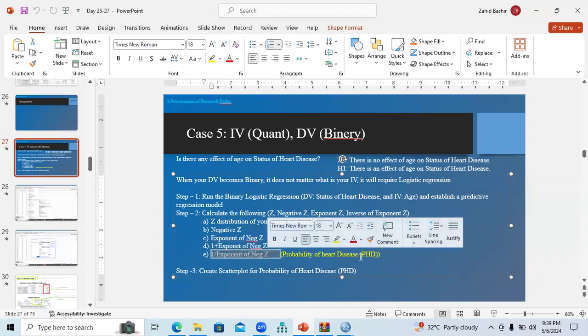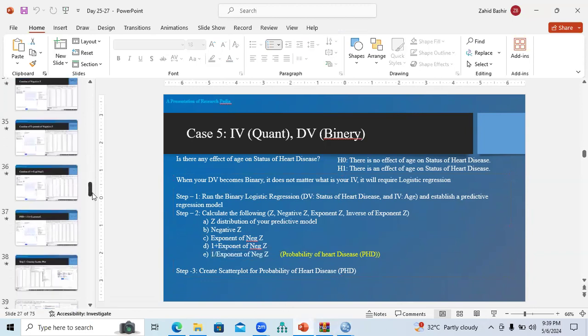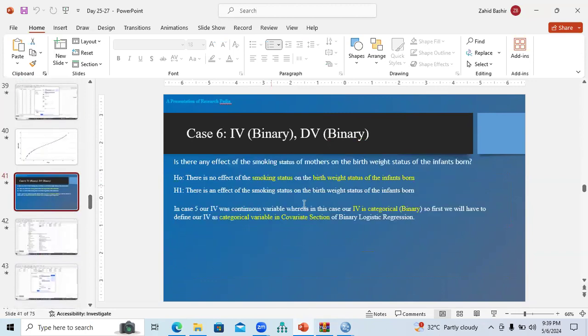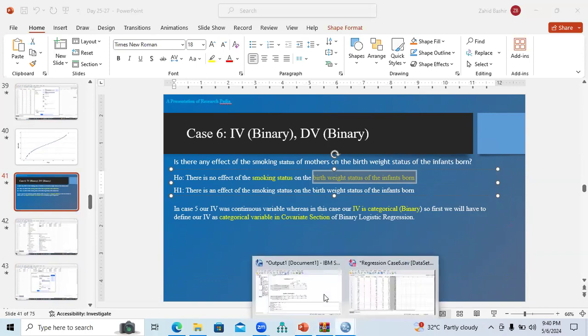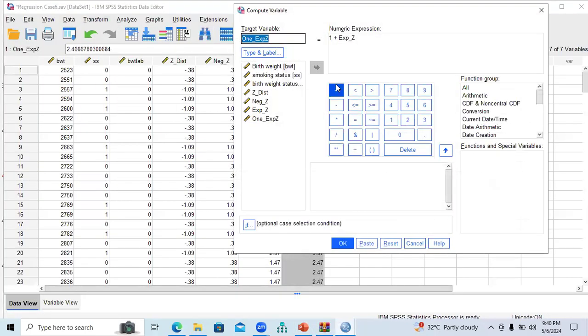In the previous case, we were interested in knowing the probability of having heart disease. Now we are interested in this case in the probability of having low birth weight. So we can have the probability, go to transform, compute variable, reset.